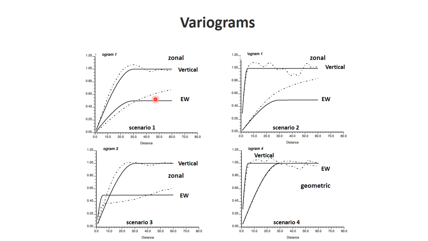So that is manifesting here, and this is our original idea of geometric anisotropy, where you notice that if I take the vertical versus east-west, I get a change in range, correlation length, which is pretty clear here. It's 30 versus say 5.